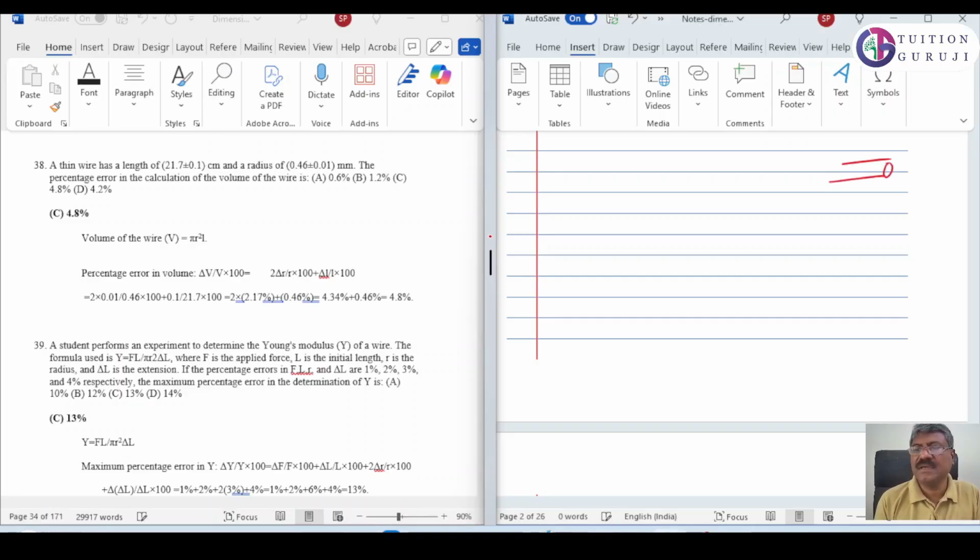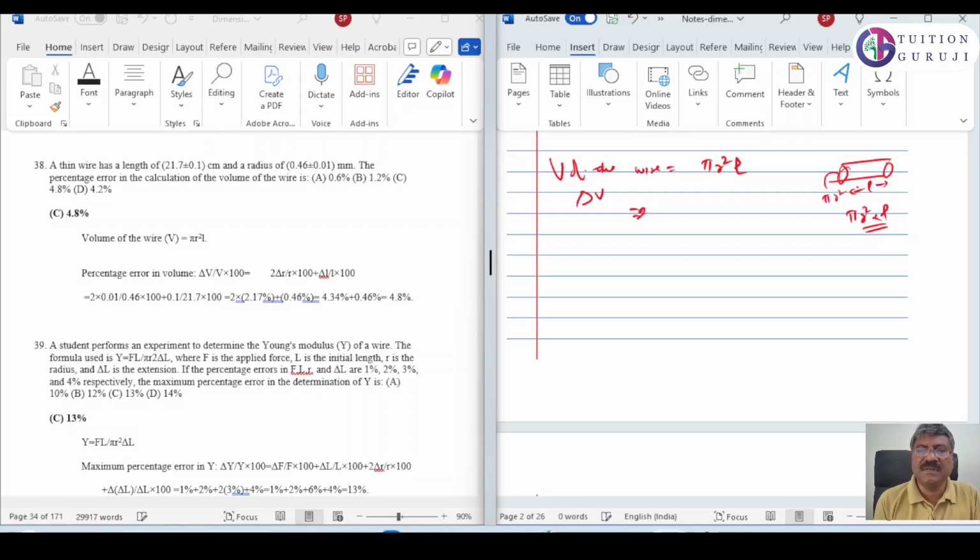What is the volume of a cylinder if the area is pi r squared and the length is L? It will be pi r squared L, area into length. So the volume of the wire is pi r squared L.